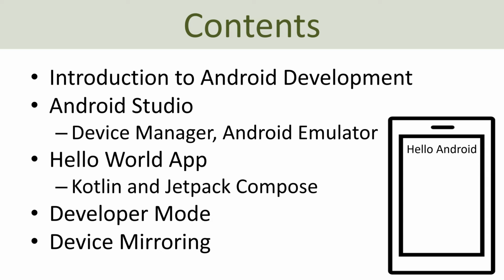You can also turn on developer mode if you have a physical Android device in order to test your application on your physical device. And you can also turn on so-called device mirroring in order to mirror your physical Android device and be able to see it within the Android Studio.